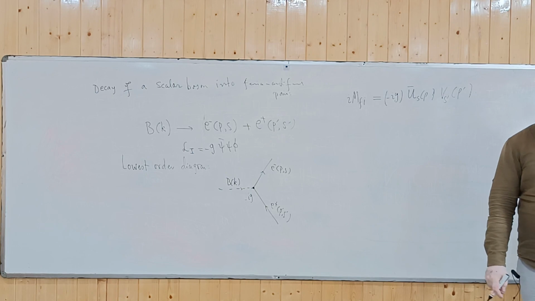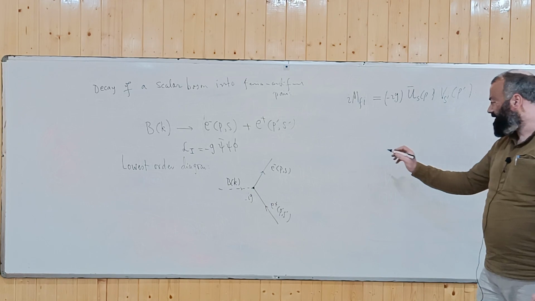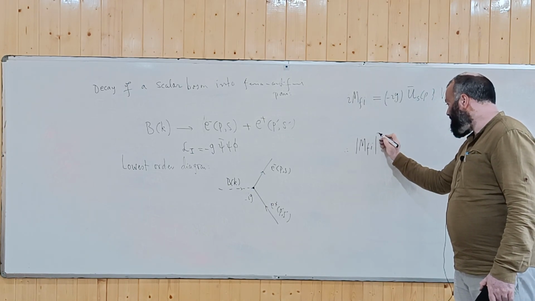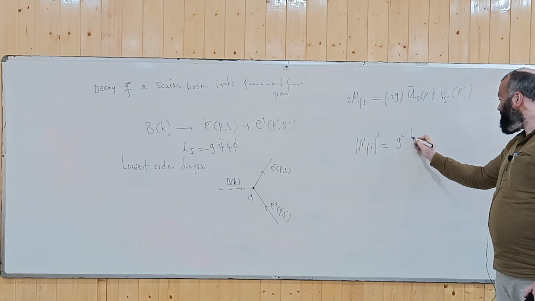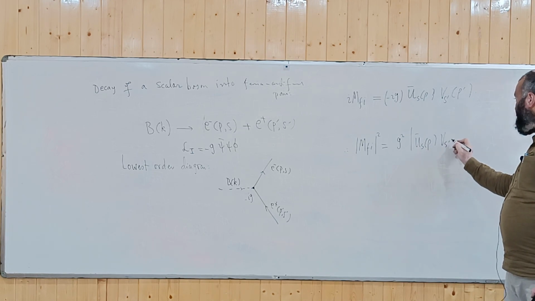So this is our Feynman amplitude. Now let's plug in the formula. I need to calculate mod of M squared. So it will be simply g squared, mod of u bar of p, s, v of p', s'.